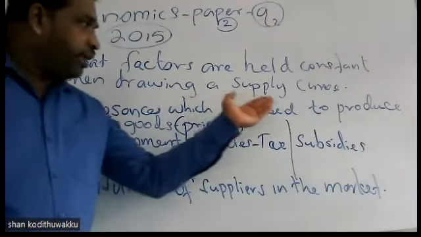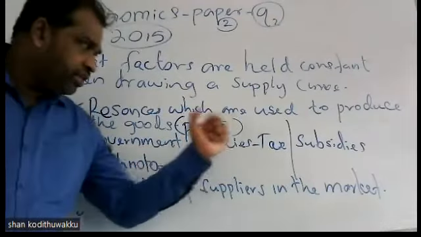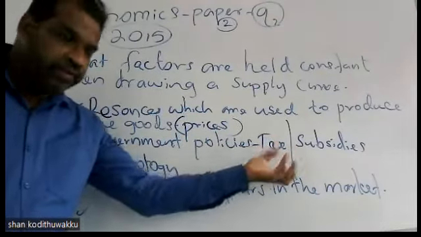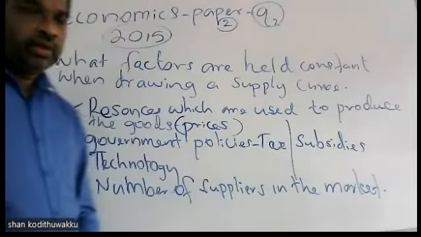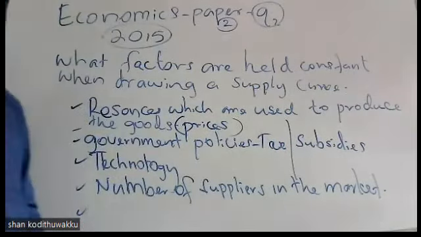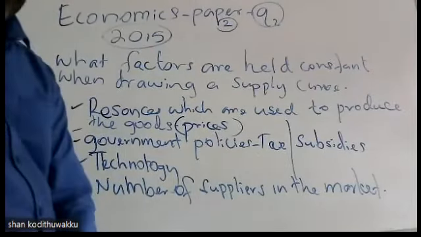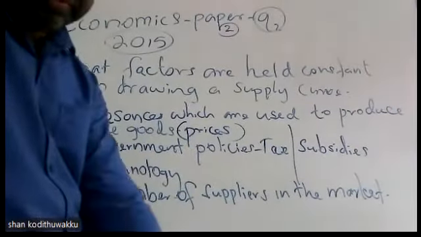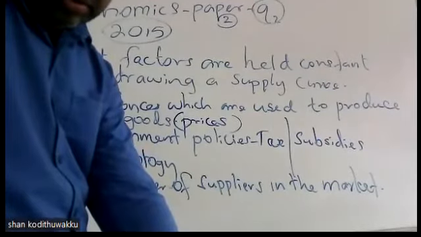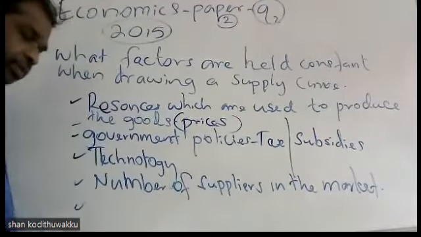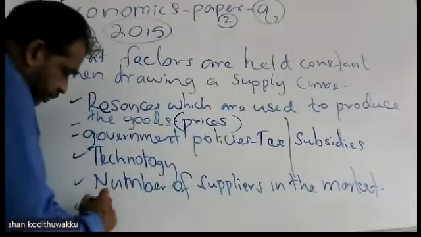Prices of resources which are used to produce the goods, government policies, for example taxation policies and subsidies, technology, number of suppliers in the market. We assume that they are held constant when you draw the supply curve.